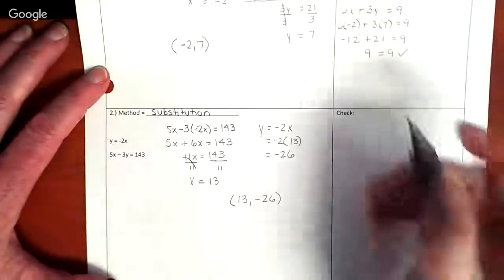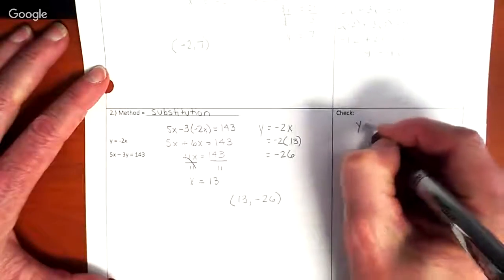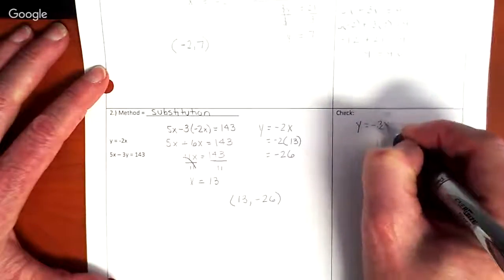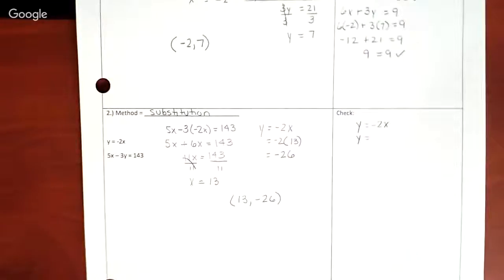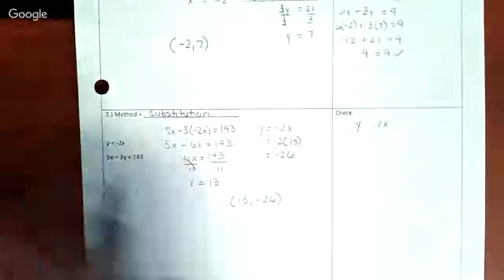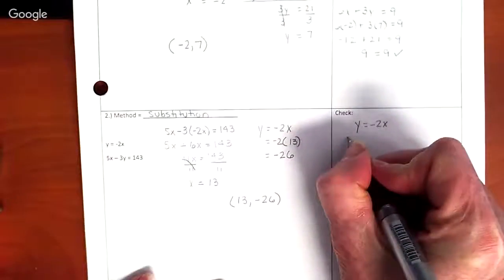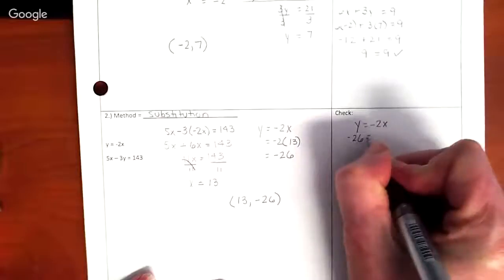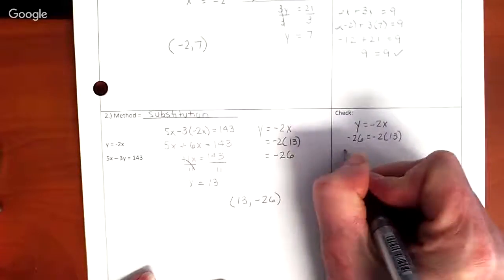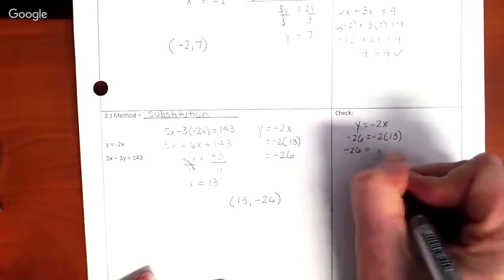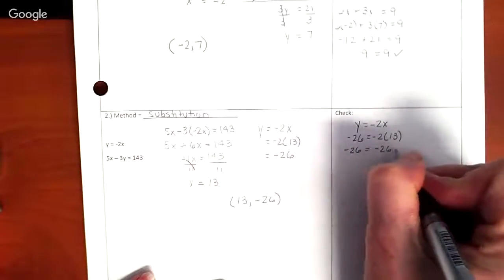So putting that in for my check, we're replacing. So I have negative 26 equals negative 2 times 13. Negative 26 equals negative 26.